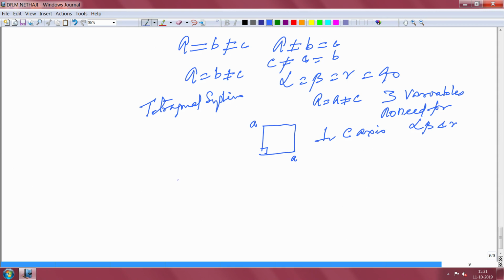In the tetragonal system, the C axis is called the unique axis and the symmetry axis.